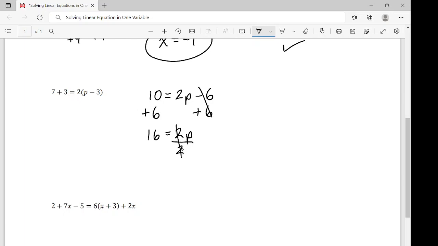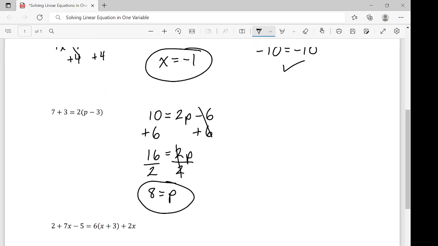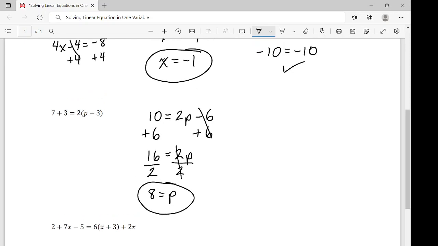So these cancel, and again, what I do to one side, I must do to the other to keep it balanced. So 16 over 2 is going to give me 8 equals p. And this is the answer. Just note that I had the x over here on this side equaling negative 1, and this time I have the p on this side, and it's equal to 8. These are both the same. Whichever you prefer works.